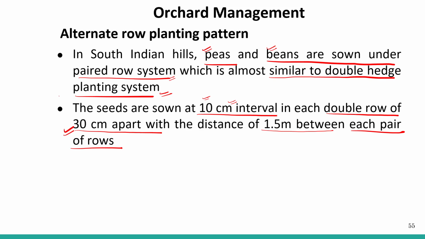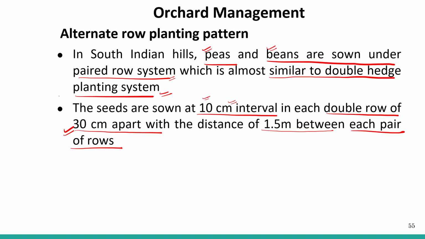So we have seen the vertical and horizontal row patterns, the square planting pattern, the rectangular, triangular, hexagonal and diagonal patterns, and also terrace farming on the hilly region, right?